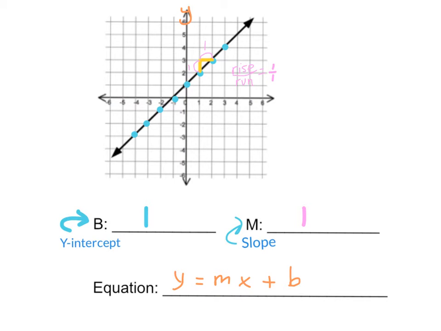So now we substitute in the m, which is 1, and the b, which is 1, into this equation. So I'm just going to rewrite it over here. It now becomes y equals 1x plus 1, and that is the equation of this graph. So find the b, find the m, and then substitute those numbers into the equation.